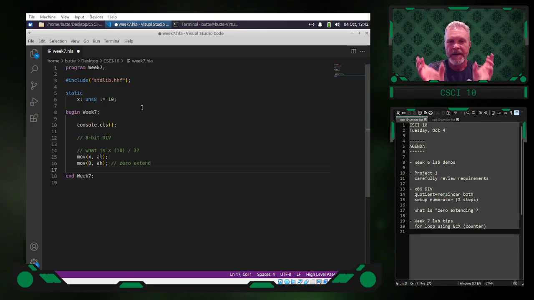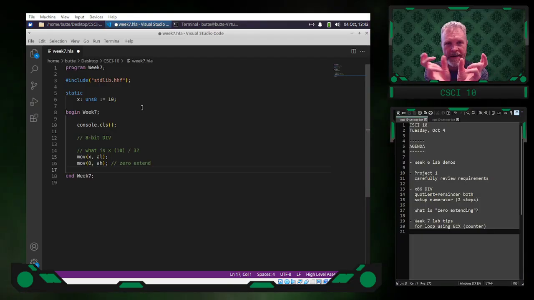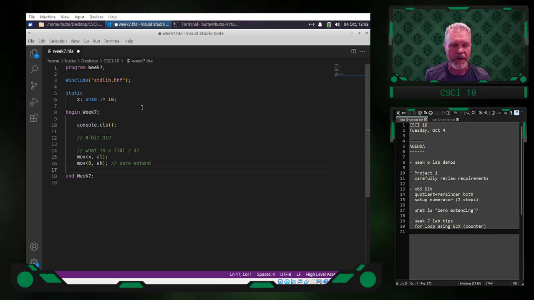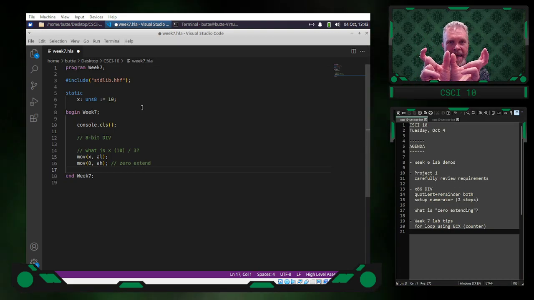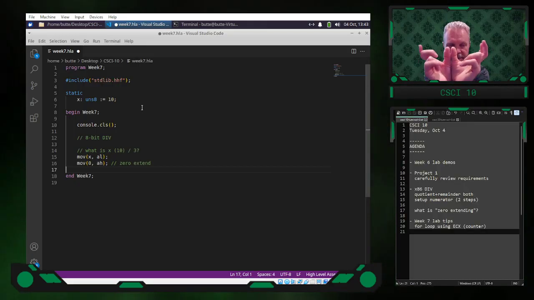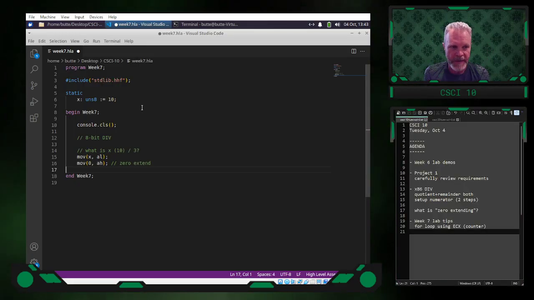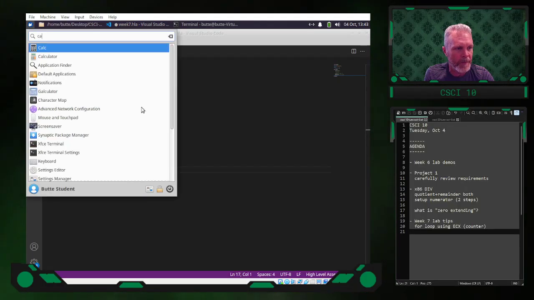So yes, for 8-bit division, you need to set up a 16-bit numerator. And you do that by putting your value in AL, zeroing out AH, so that the numerator, being AX, is itself a correct value. So if you think about it, I'll do, let me get the calculator.